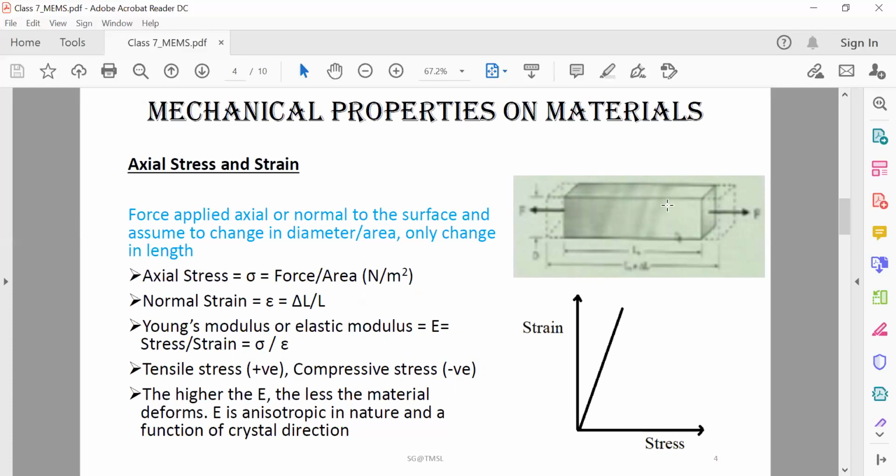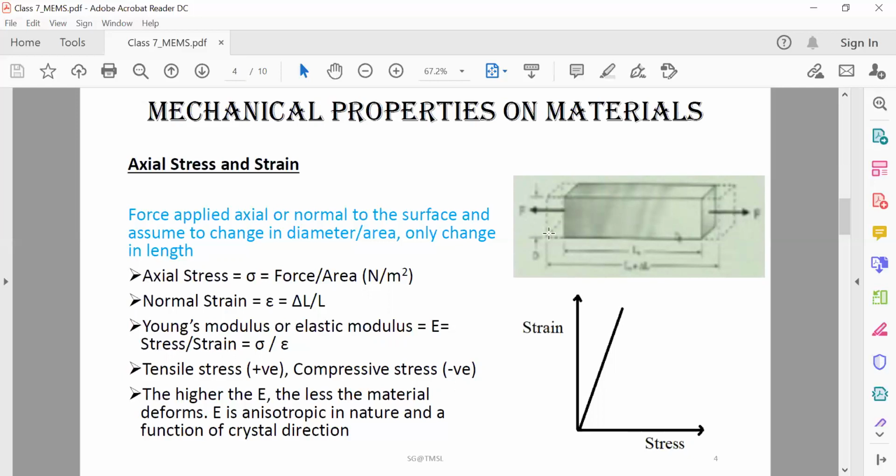Now if you apply force axially, normal to the surface, along the axis, then the length increases in this direction.